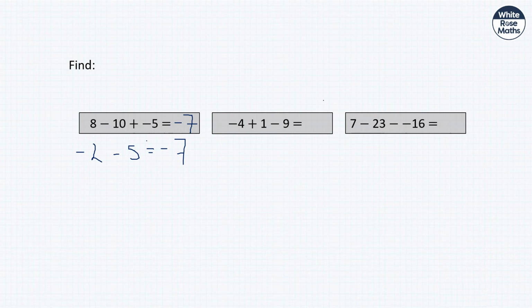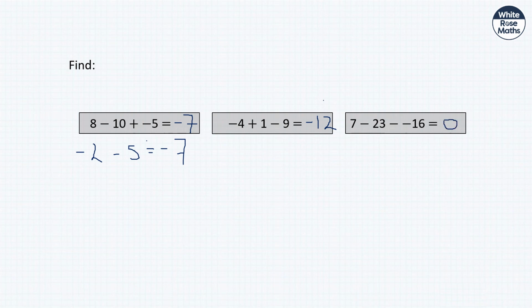Negative 4 plus 1 is going to be negative 3. Negative 3 subtract 9 is going to be negative 12, guys, so being very careful here. This next one, 7 subtract 23 is negative 16. Negative 16 subtract negative 16 will be negative 16 plus 16, which will be equal to 0, guys.